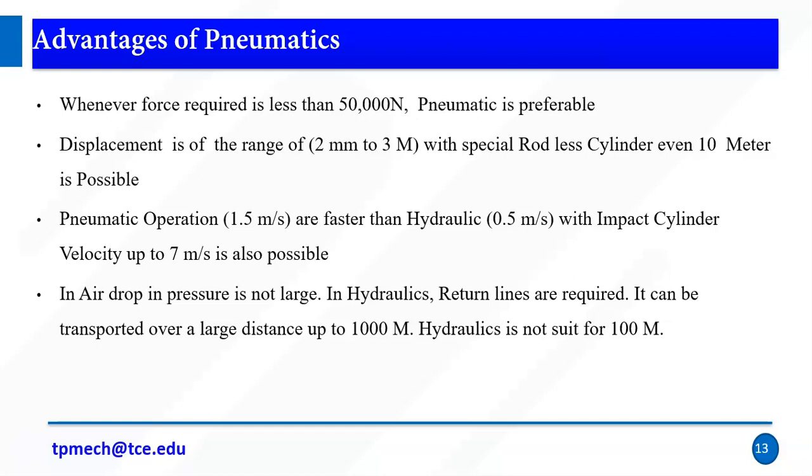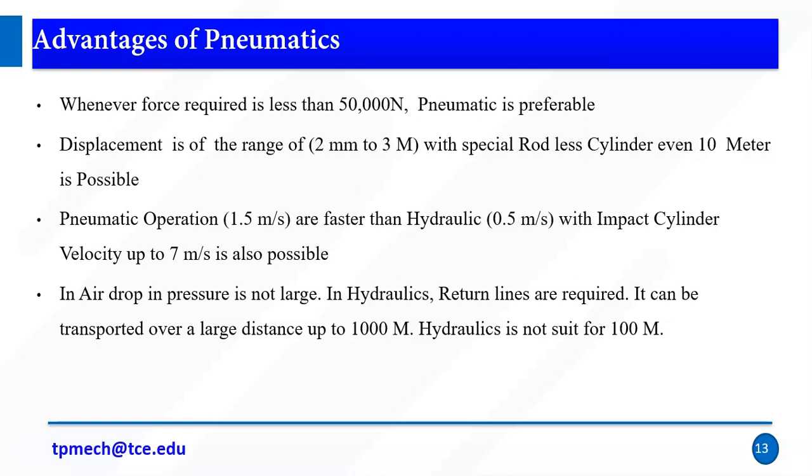Pneumatic operation is faster than hydraulic. Hydraulics moves 0.5 meter per second, but pneumatics moves 1.5 meter per second. Right, and with an impact cylinder, velocities up to 7 meters per second are also possible. This is one of the advantages.